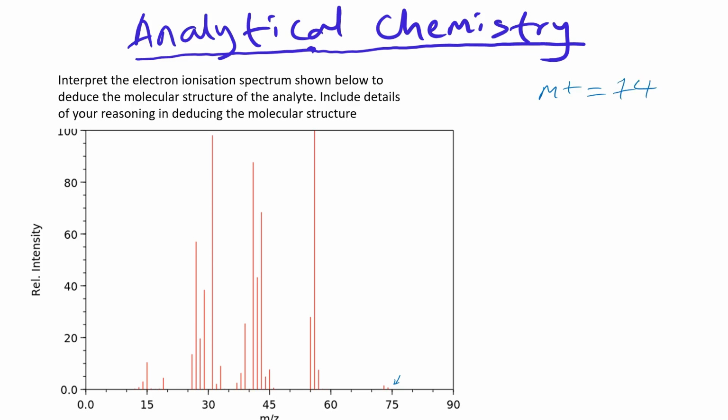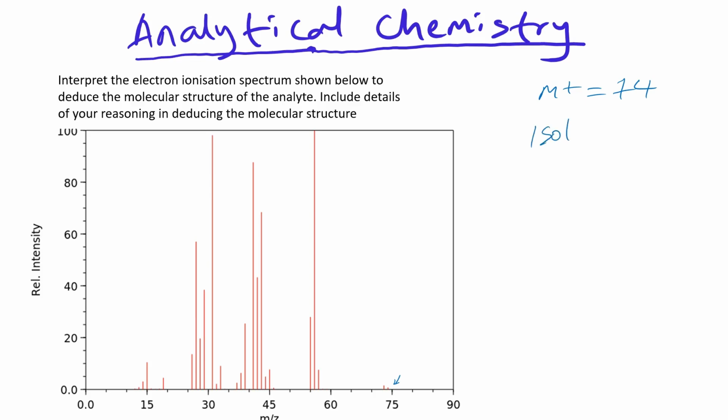Also take note that our molecular ion peak is almost undetectable. Take note of that, as it will help us identify the functional group associated with that particular characteristic. The next thing is to check for isotopes.